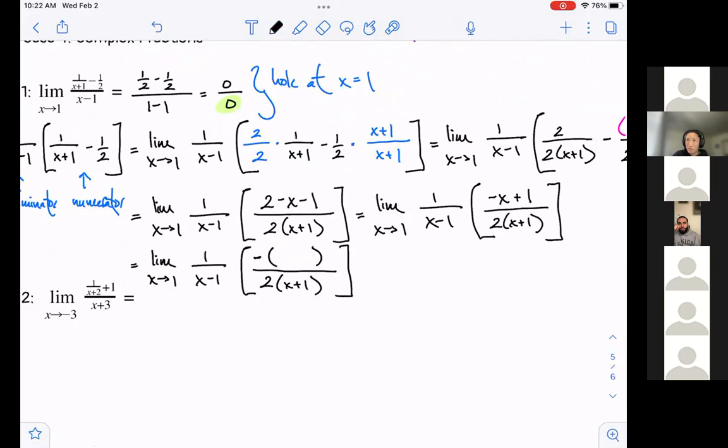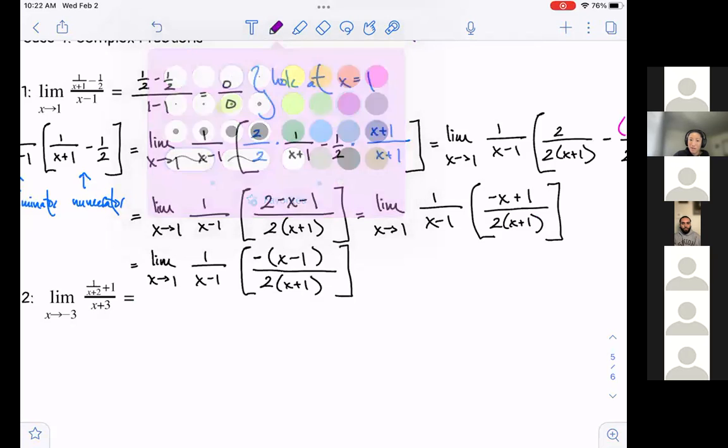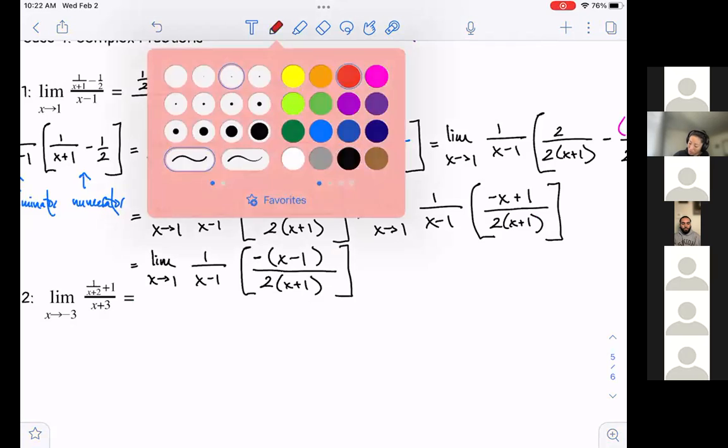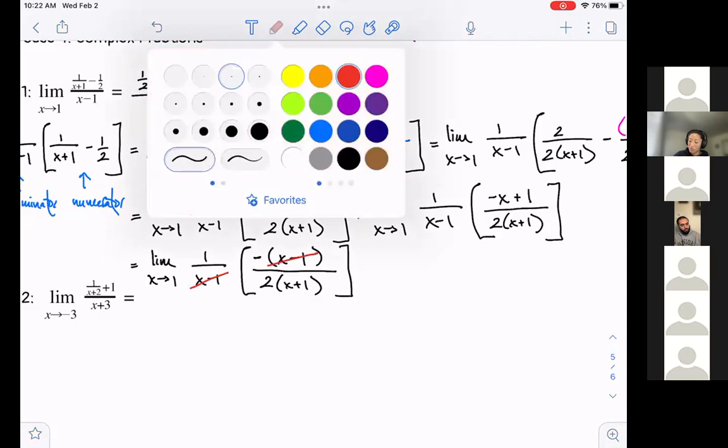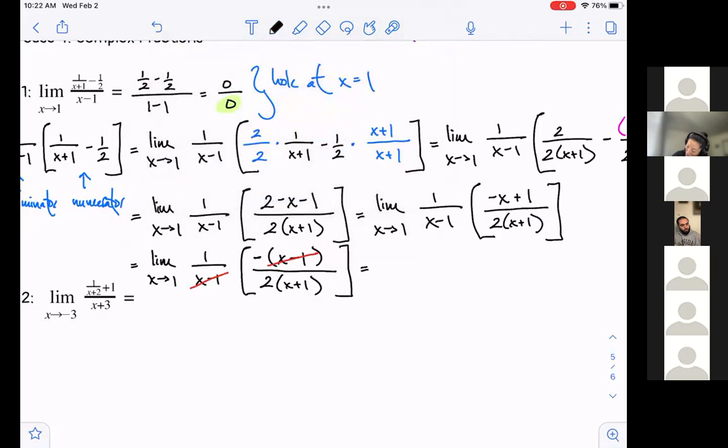Right, so yeah, we end up with what Avi and Dallas had put in the chat, that we have the x minus 1. Wow, that's pretty magical. I factored out a -1, and now look at what we can do. x minus 1, and x minus 1. Now they reduce. And what we end up with is the limit as x approaches 1 of -1 over 2 times x plus 1.